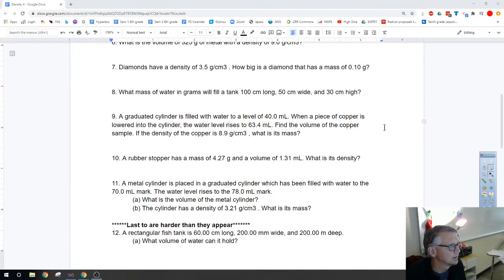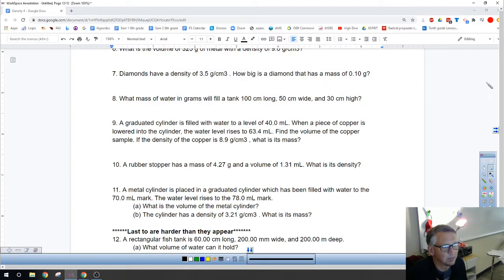Number 7. I'm just going to rewrite my formula triangle. I like having it. Density, mass, volume. I'm going to make that bigger. A diamond has a density of 3.5. How big is the diamond if it has a mass of 0.1? How big? So we are looking for a volume.